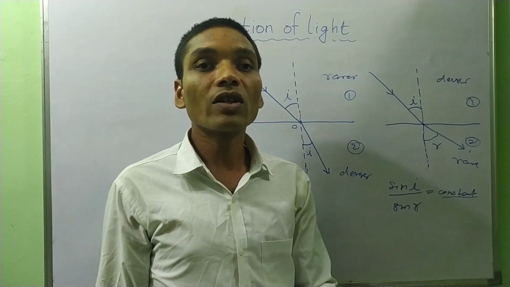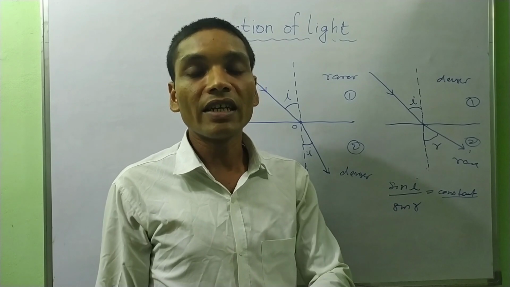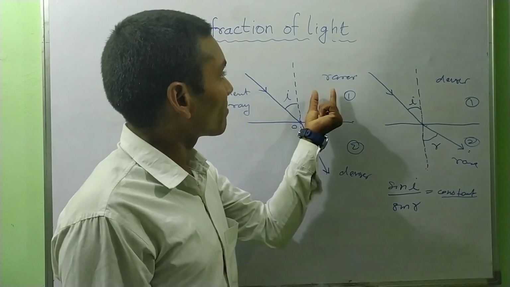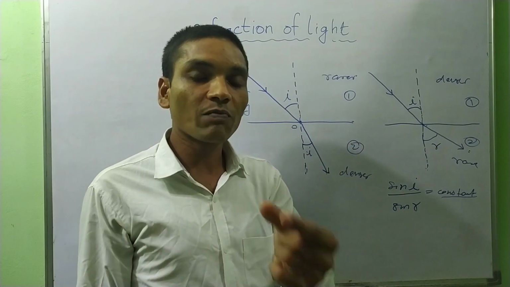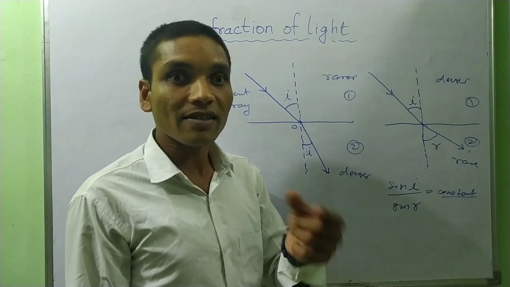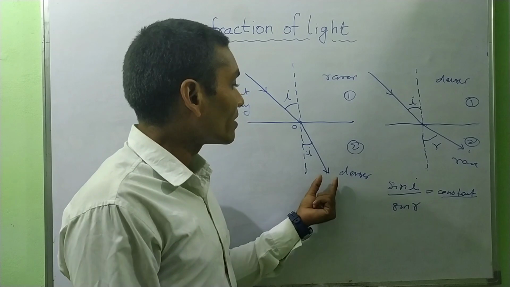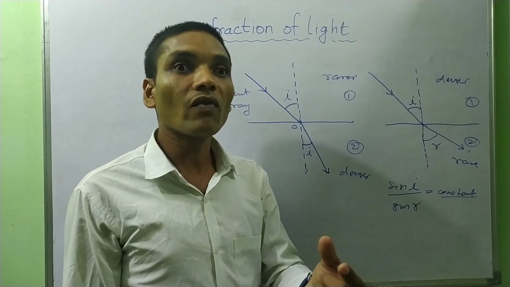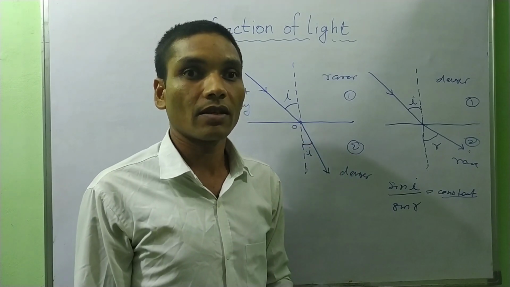Due to the velocity of the light ray being different in different media. In the rarer medium, the speed of the light ray is greater, and in the optically denser medium, the velocity of the light ray decreases.